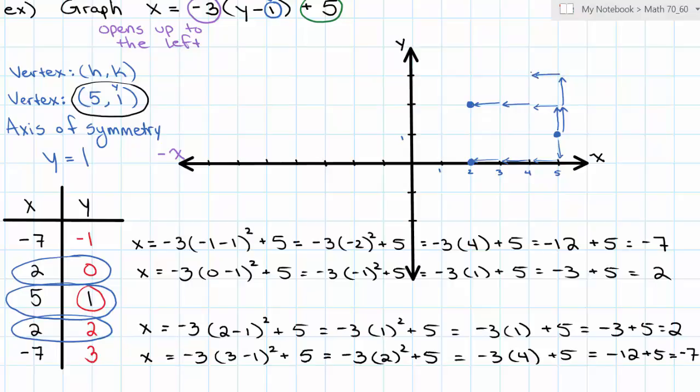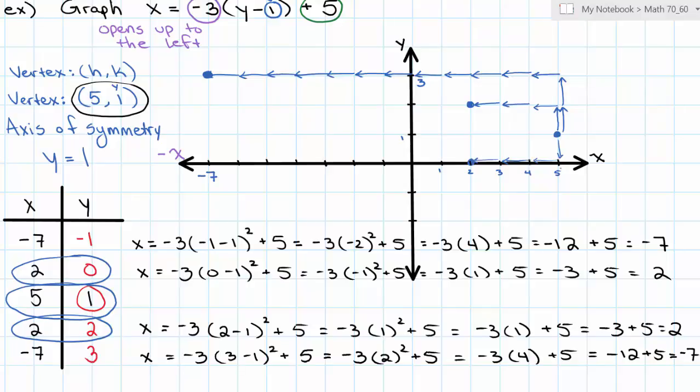So that'll be 1, 2, 3, 4, 5, 6, 7, 8, 9, 10, 11, 12, which lands us right exactly at the point (-7, 3). So we could have gotten it from our table of values, or we could follow this pattern that we can get using the basic graph, if you feel comfortable with that.